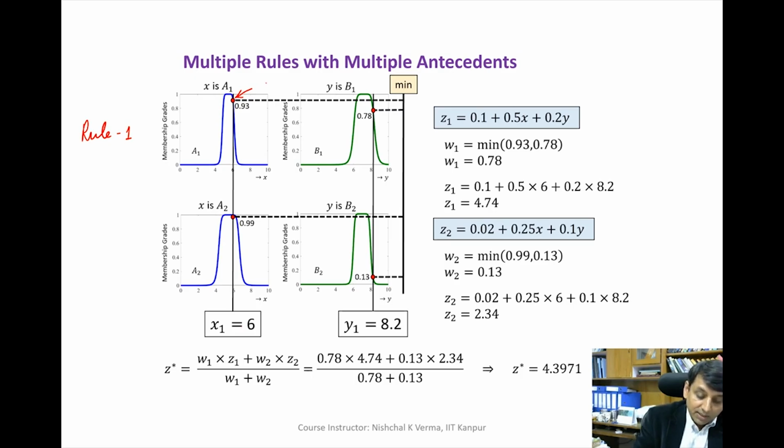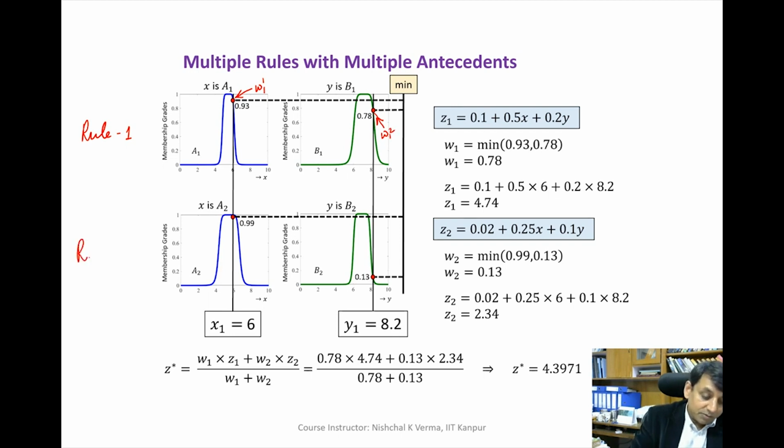And then in rule number 1 the point of intersection for the second antecedent, for y1 equal to 8.2, is W1,2.